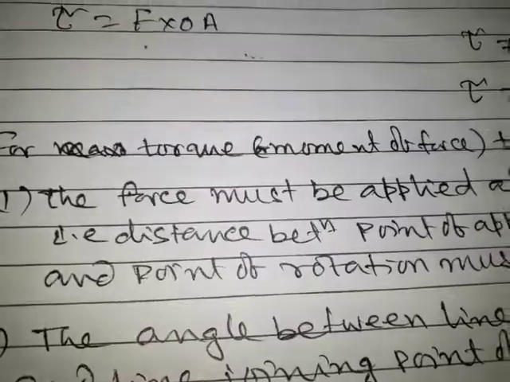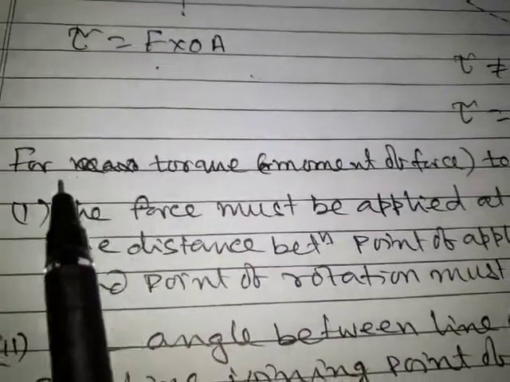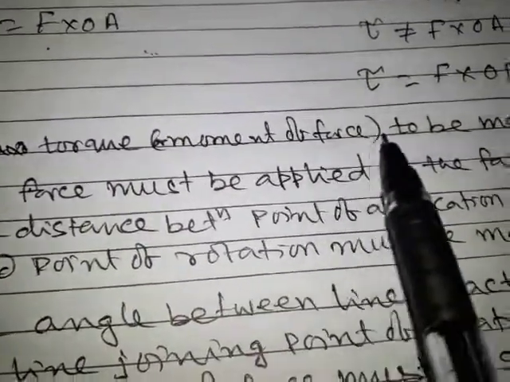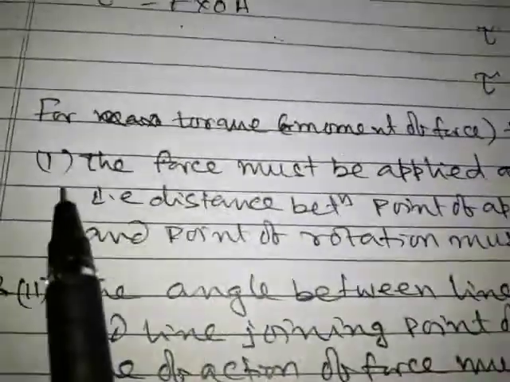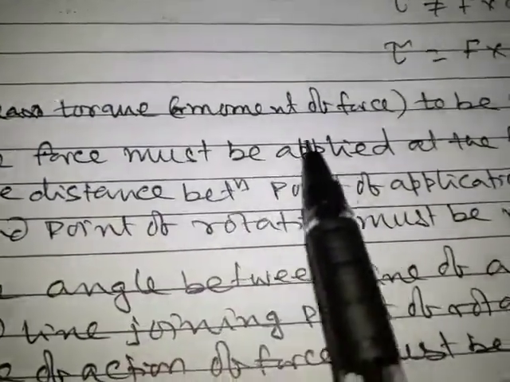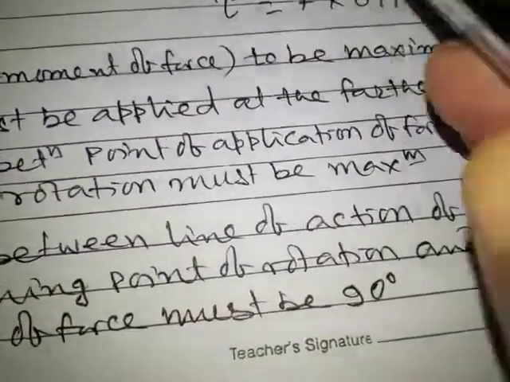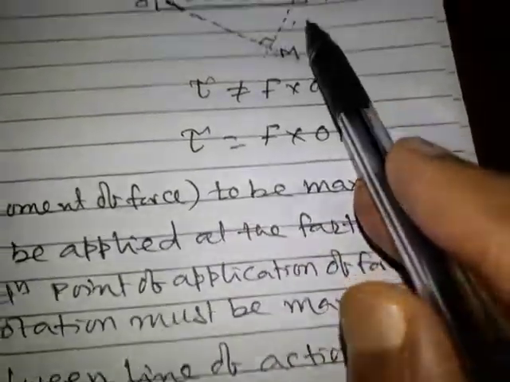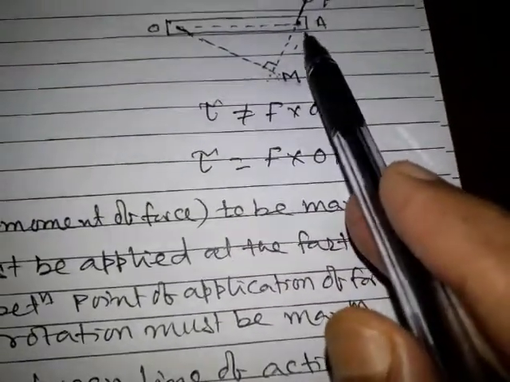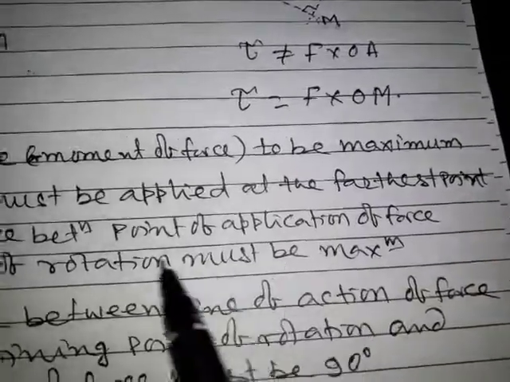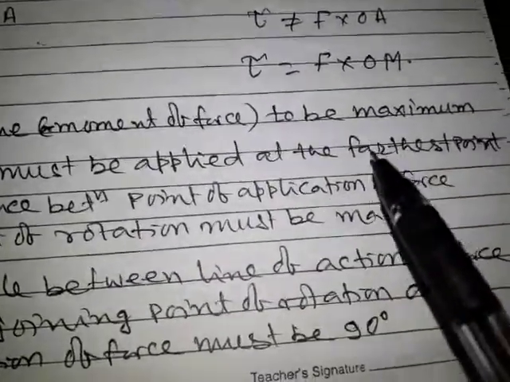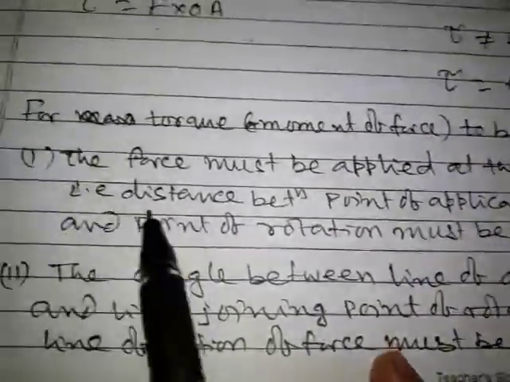So for torque, that is moment of force, to be maximum, what should be? First, the force must be applied at the farthest point, that is, at the end, like on a door also. When we apply force at the last point, we have to apply less force, or we can produce more moment.